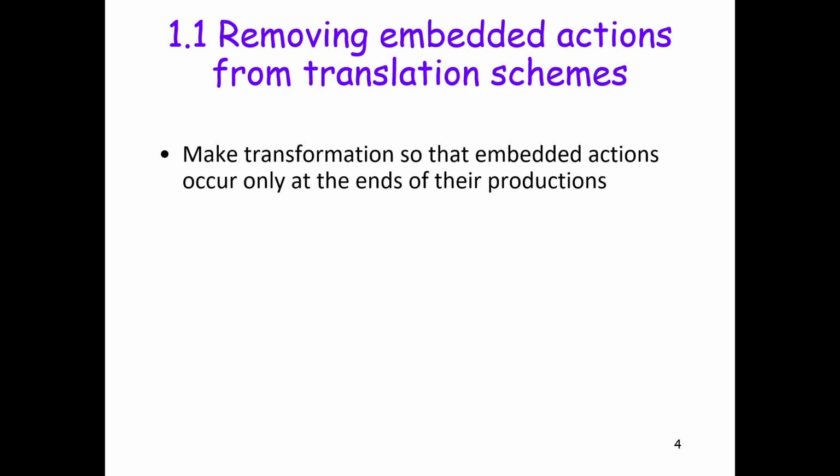Moving to the details, removing embedded action from translation scheme is the first subtopic of bottom-up evaluation of inherited attribute. So what do you mean by removing embedded action from translation scheme? We can see with the help of an example.